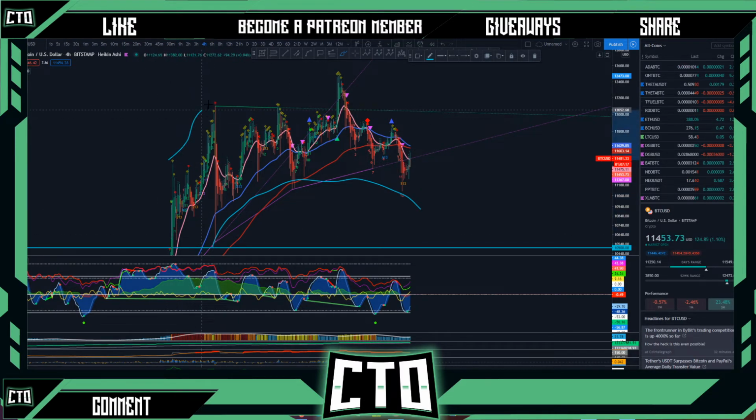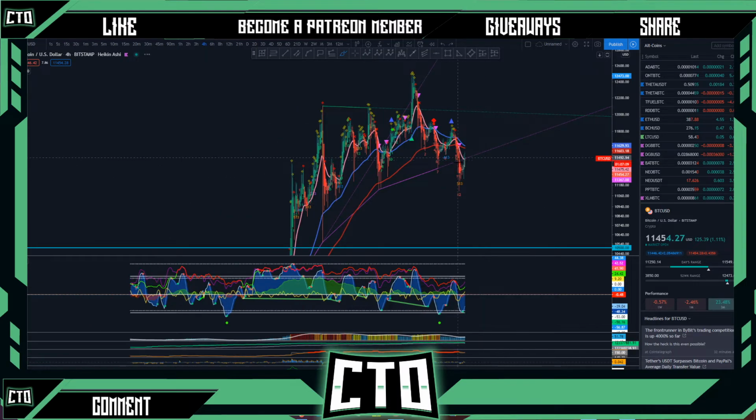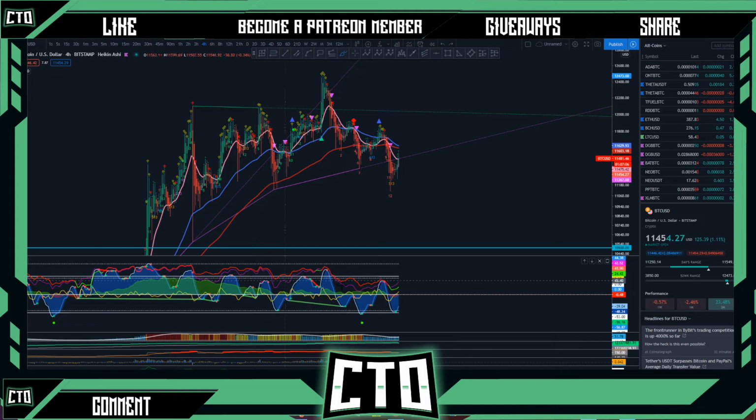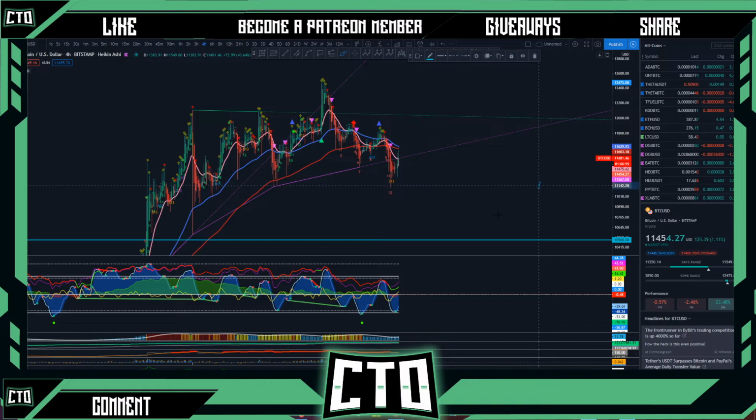These are the same kind of rounded tops that we've seen on our previous little bull rallies that we've had in the markets. So based on that, and also our money flow kind of trickling off just a tad bit, maybe giving the bears a chance to take this possibly a little bit lower.